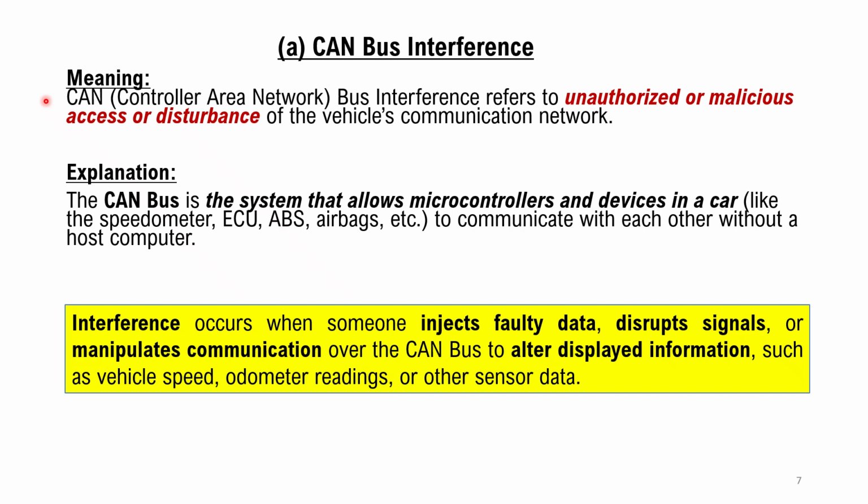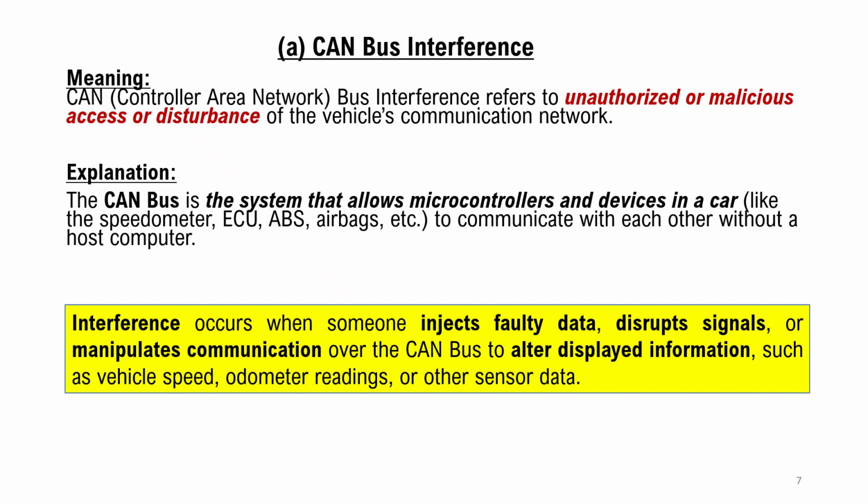Now, explanation of some key terminologies used in this discussion. CAN bus interference, that is controller area network bus interference, refers to unauthorized or malicious access or disturbance of the vehicle's communication system. The CAN bus is the system that allows microcontrollers and devices in a car like speedometer, engine control unit, ABS, airbags, etc. to communicate with each other without a host computer.